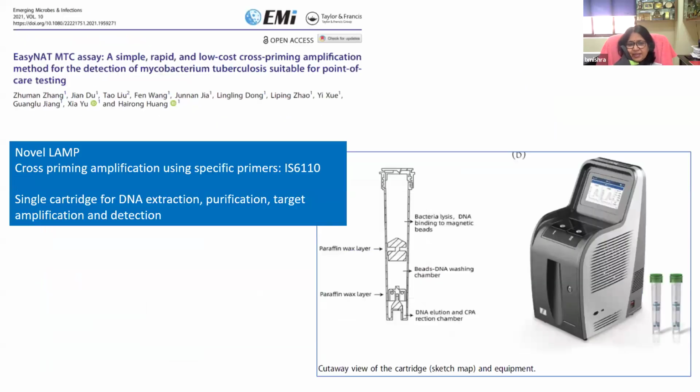Now, there is another system coming up, with various studies, which is called the EasyNAT MTC assay. This is basically a novel LAMP system. This is based on cross-priming amplification using specific primers, and a single cartridge is used for extraction, purification, amplification and detection. Basically, you can say it is similar to the LAMP system, having isothermal amplification.